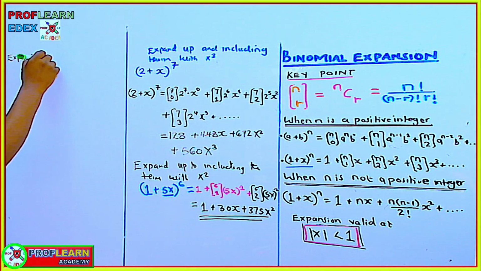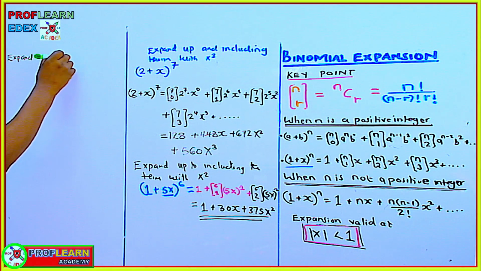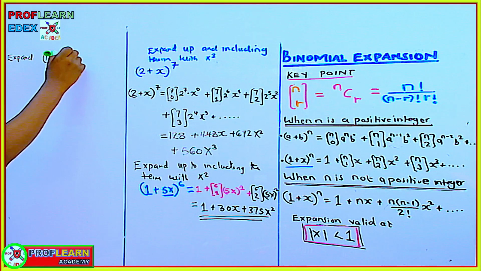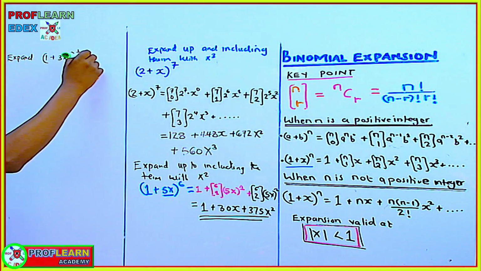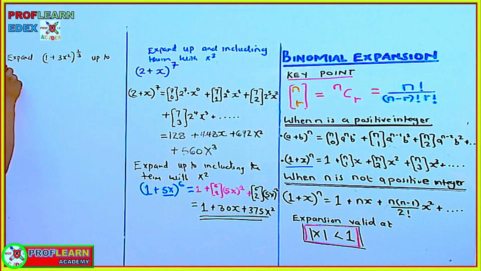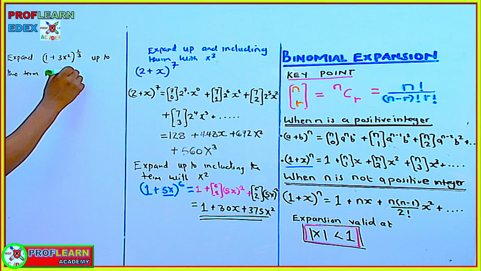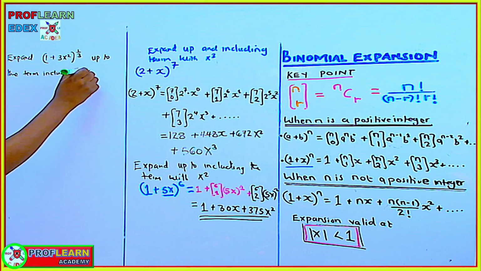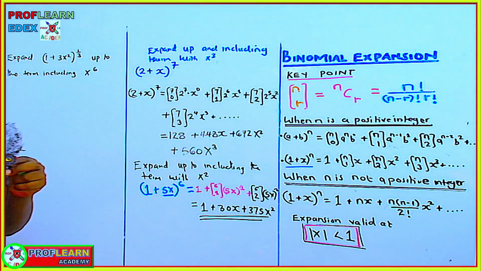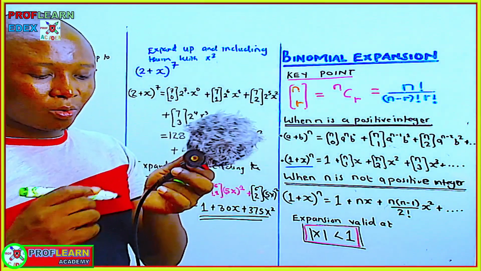Expand 1 plus 3x squared raised to power 1 over 3 up to the term including x raised to power 6. We are going to perform our expansion until we arrive at a point where we have x raised to power 6.